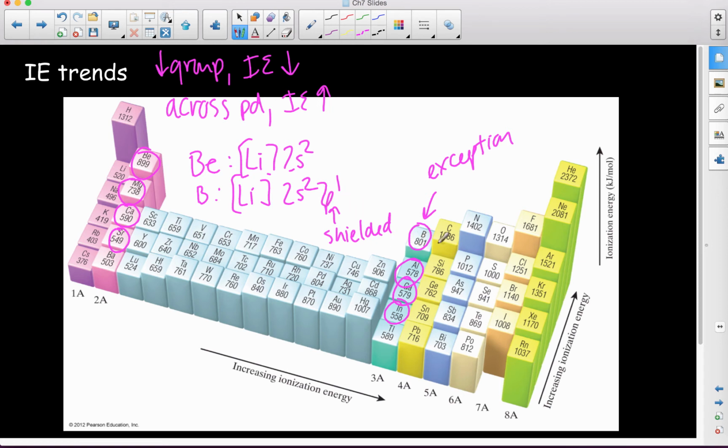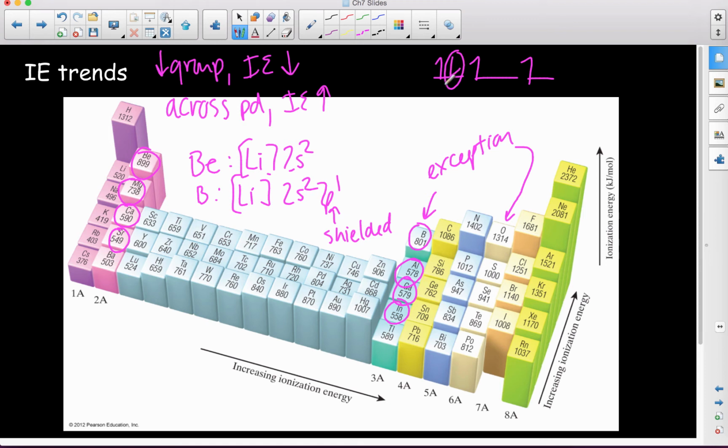Okay, if we look over here, we'll see that this also repeats itself, and we have another exception over here. This one, though, if we think about it, is p1, p2, p3, p4. What makes p4 different than p3? Thinking back to Hund's rule, we spread everything out one per orbital first, and then we go back and pair it because, however minutely, there is some electron-electron repulsion.